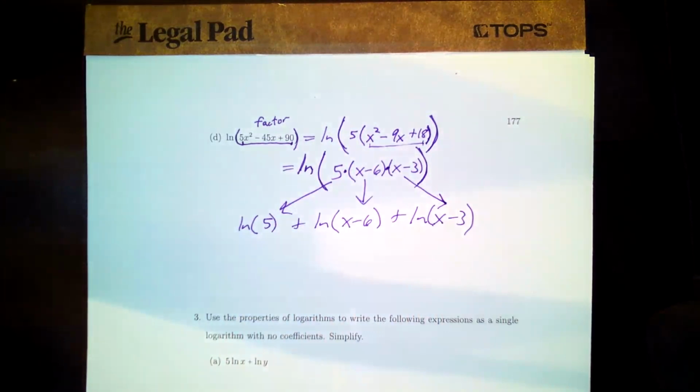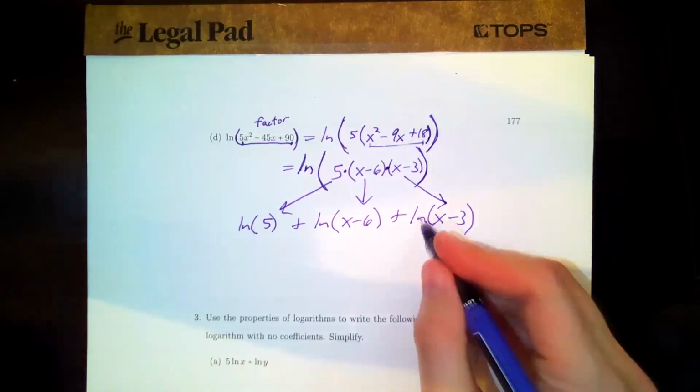Very nice. So we split our logs, and we always have to cautiously ask ourselves, okay, now that we split it, is there anything else that splits? So I have to ask myself, are there any multiplications still? Are there any divisions still?